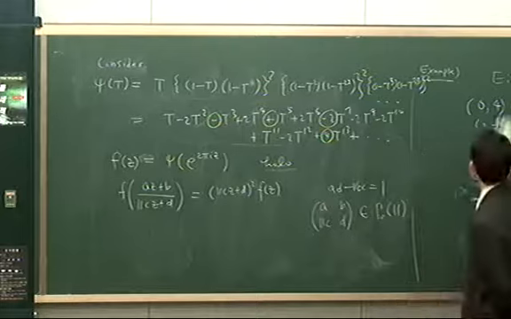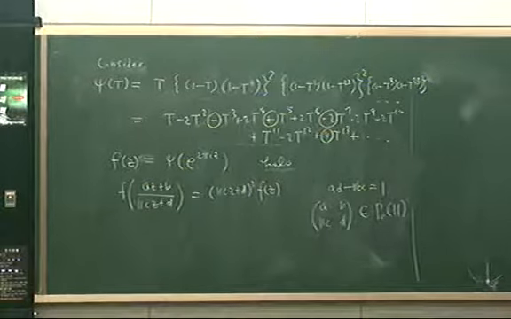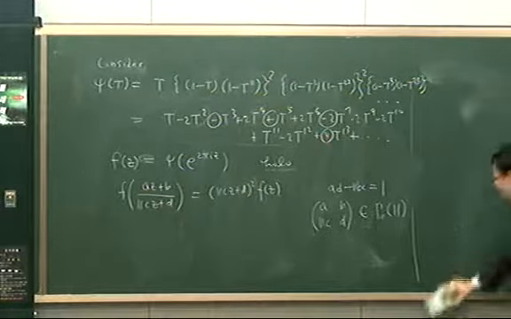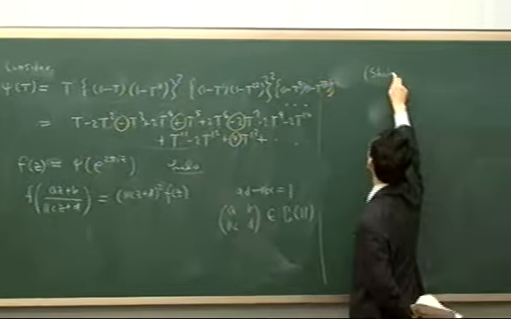So in general, there is a conjecture obtained from Shimura and Taniyama, the Shimura-Taniyama conjecture.